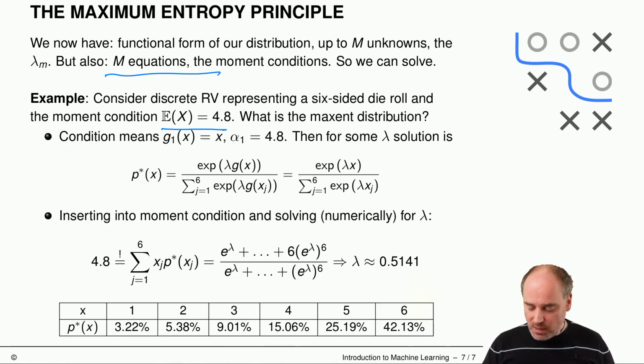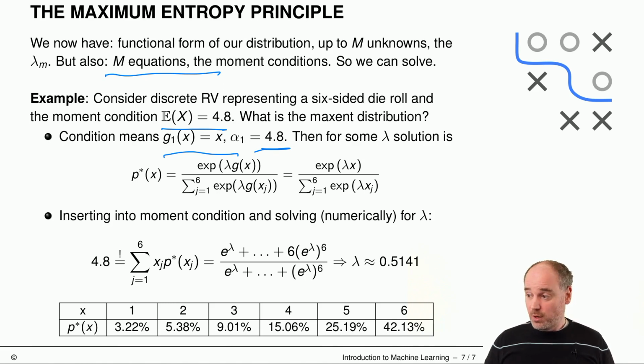So what is now the maximum entropy distribution under this moment condition? Let's write down our moment condition. We have one function g of x, and that function is the identity, because we have the expectation of x with no function acting on x on the inside, and on the right-hand side our scalar value is 4.8.